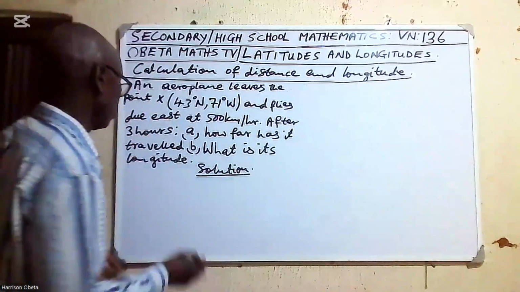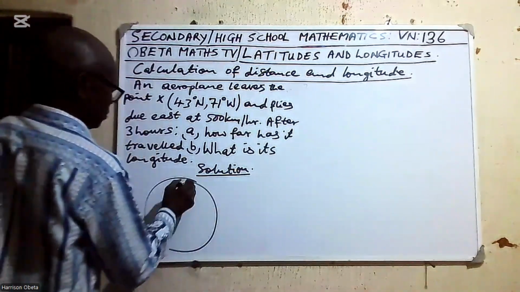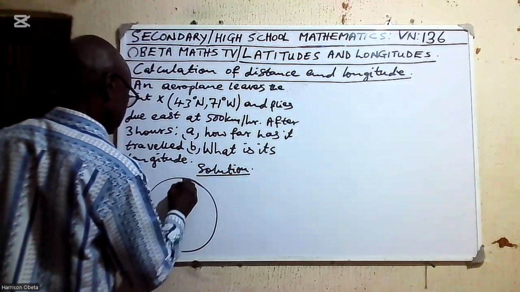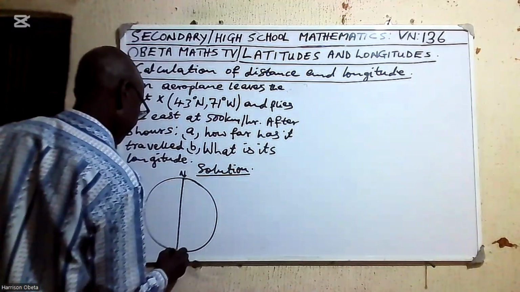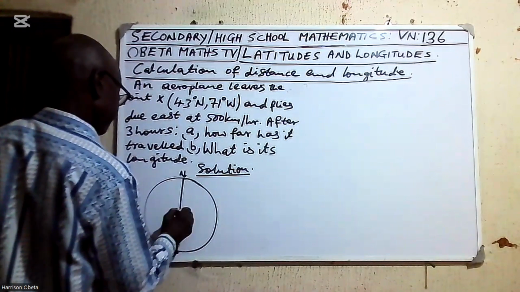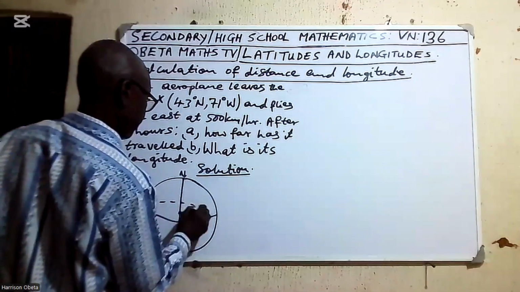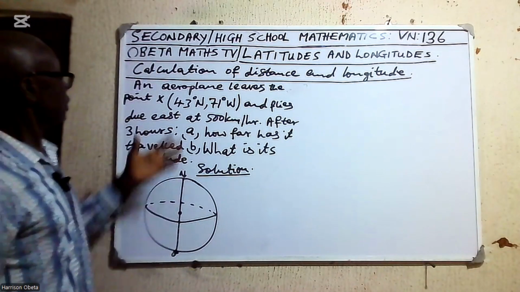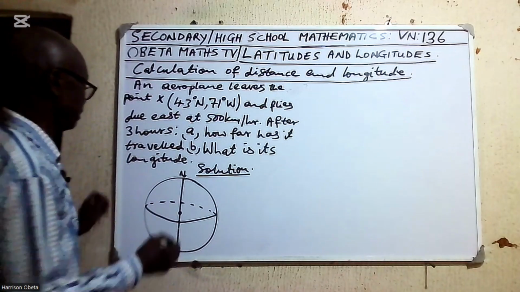First of all, we have to draw. Okay. So we are now going to locate 43 degrees north, 71 degrees west.